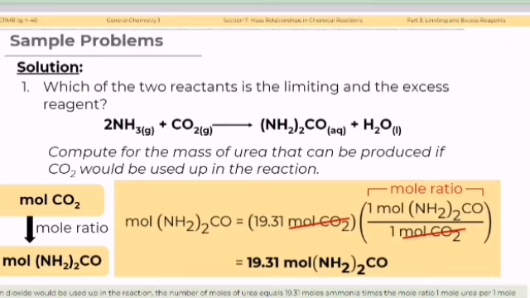If carbon dioxide would be used up in the given reaction, the number of moles of urea equals 19.31 moles of carbon dioxide times a ratio of 1 mole of urea per 1 mole of carbon dioxide. Simplifying gives us 19.31 moles of urea.